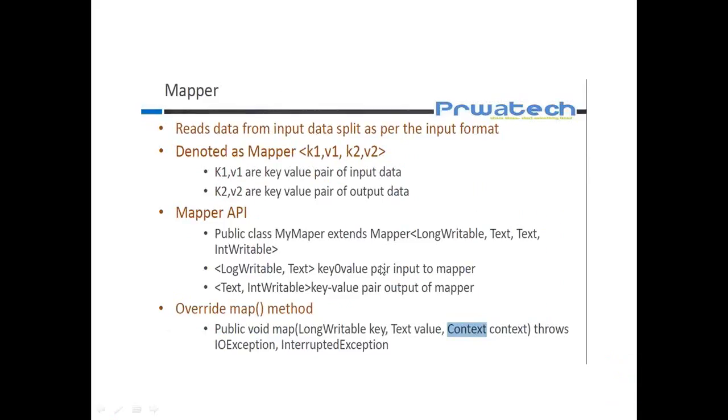In the mapper API, we have LongWritable, Text and Writable. LongWritable and Text are K1 V1, and K2 V2 is Text and Writable. Exactly.